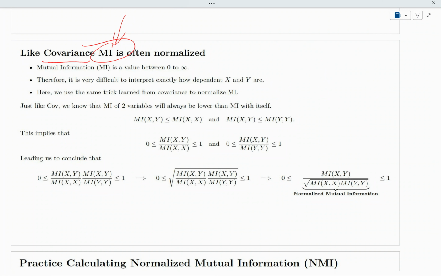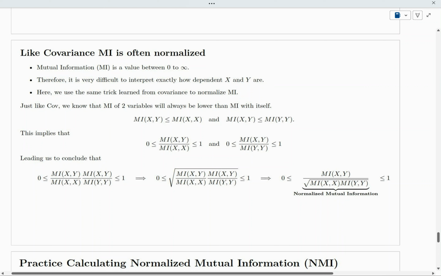What we'd like to do is use the exact same trick that we learned from covariance. The trick is twofold. We know that the mutual information of X and Y has to be lower than the mutual information of X and X. Once again, it's because you cannot depend on any other variable more than yourself. Similarly, the mutual information of X and Y also has to be lower than the mutual information of Y and Y. So the same logic follows.